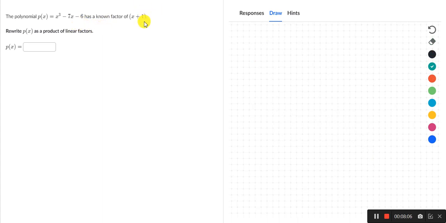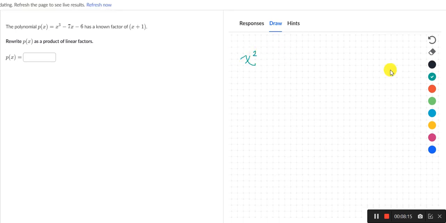So let me go ahead and write this polynomial here, x plus 1, and I'm going to divide it by this one, x cubed minus 7x minus 6.